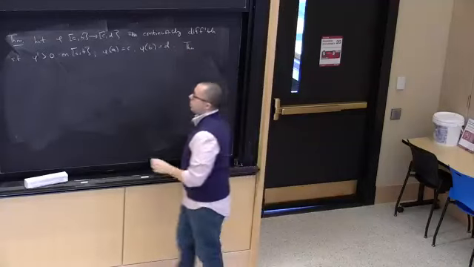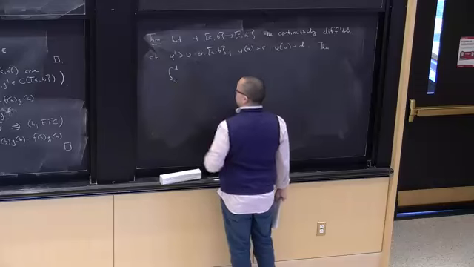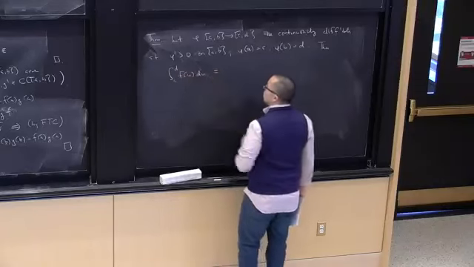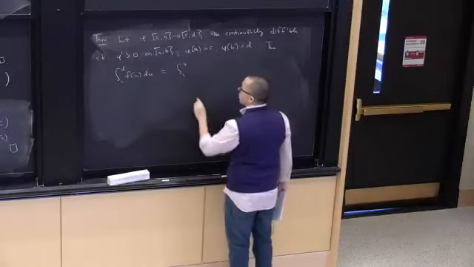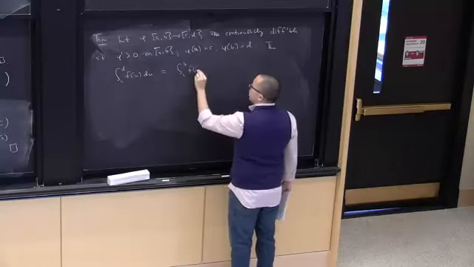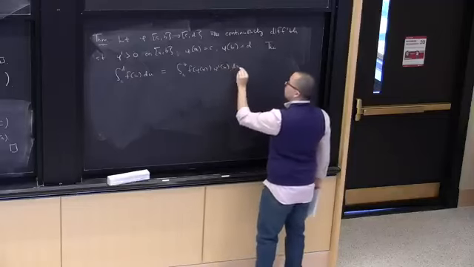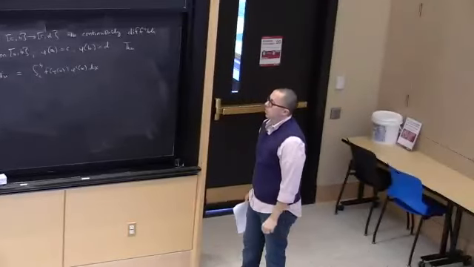Then the integral from c to d of f of u du is equal to the integral from a to b of f of phi of x times phi prime of x dx.